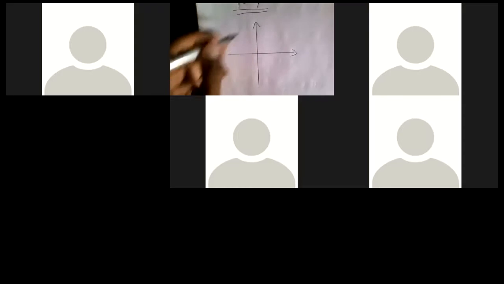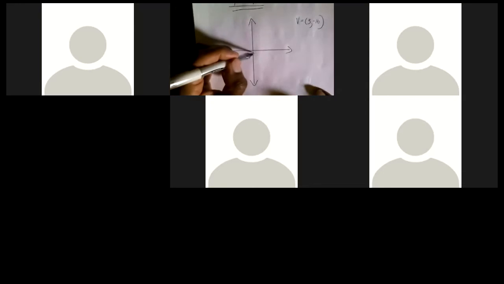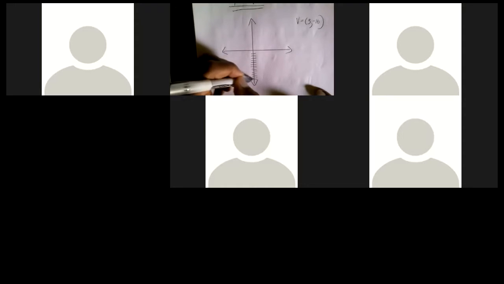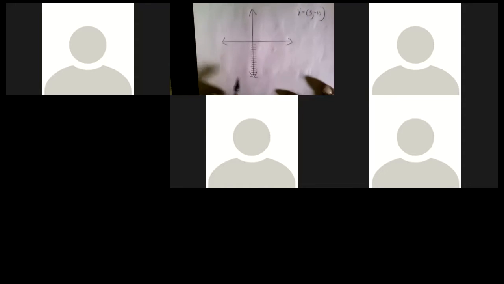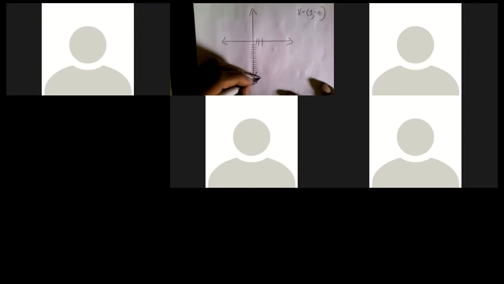Make it neat for you. We know the x and y's, of course. So the vertex is 3, comma, negative 16. Whoa, way down here. Okay. So 3, negative 16, that's down there.